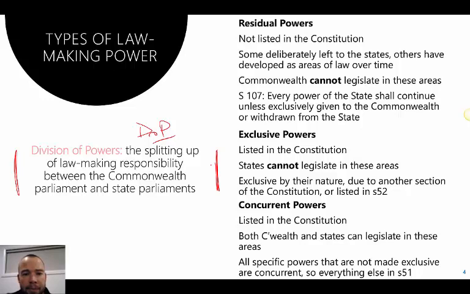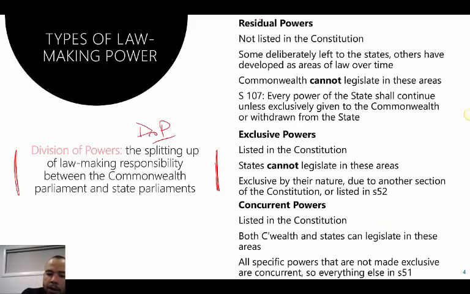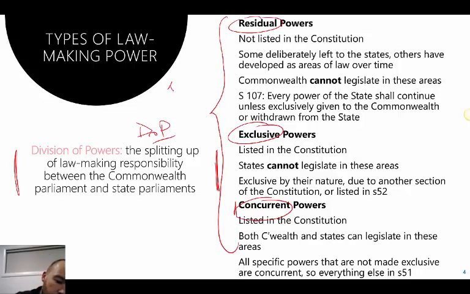A little bit of a warning around language. These things here, residual, exclusive, and concurrent, we refer to as types of lawmaking power, and then within each of those types are areas of lawmaking power.